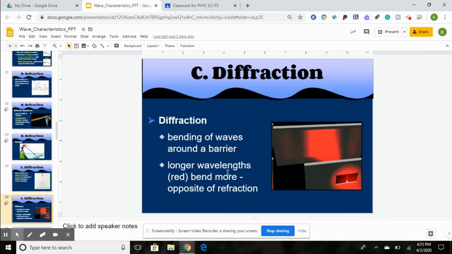We tend to say that the longer the wavelength, and red tends to have a long wavelength, the more it diffracts. It's going to be the opposite of refraction. So diffraction is just a bend around a barrier.